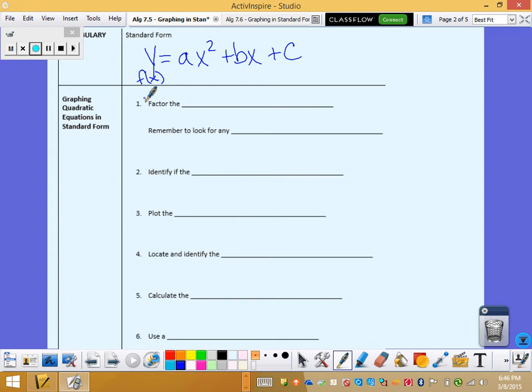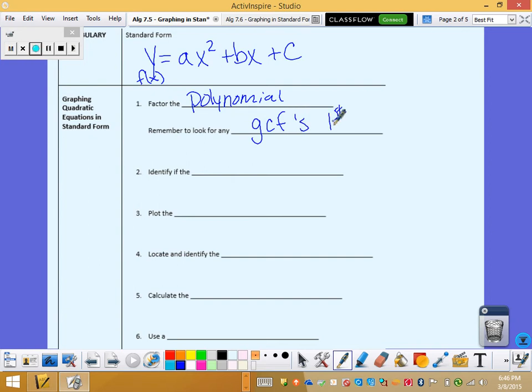Okay, so if we're going to go through some steps on how we should be working through graphing quadratics in standard form, step 1 would be to factor the polynomial that you're given, and to look for any greatest common factors first.